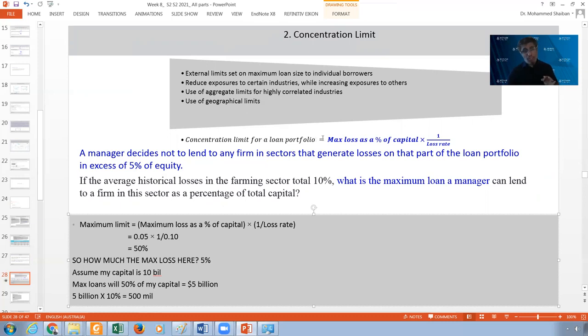And when you know how much you can lose from your capital, which is the maximum tolerance of losing from your capital if you invest in such an industry, you also have to look at the losses in that industry. So look at this example.